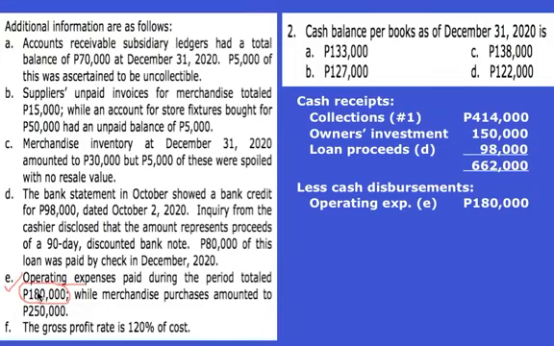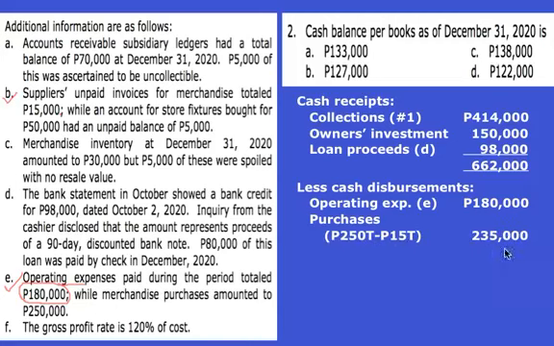So, the related info, this one, letter B. Suppliers unpaid invoices for merchandise total 15,000. So, 250 total. Still unpaid, 15. Get the difference. Payment for purchases. So, 250. Minus mo yung 15.